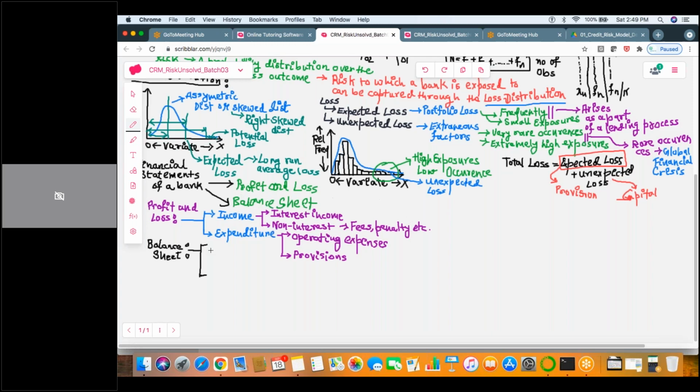Okay, so when I talk about the balance sheet, it is about the liabilities and the assets. On one hand, you have the liability. On the other hand, you have the assets.